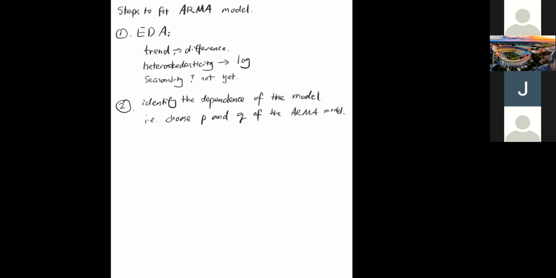We use ACF and PACF plots to do that. If the ACF plot cuts off at lag Q, then it's an MA(Q) model. If the PACF cuts off at order P, then it's an AR(P) model. So we use the ACF and PACF to decide our candidates for P and Q. You might have a bunch of candidates, and the next step is to fit all these candidates and choose the best model.